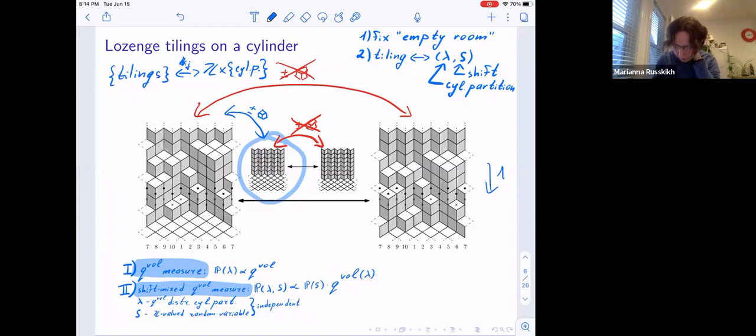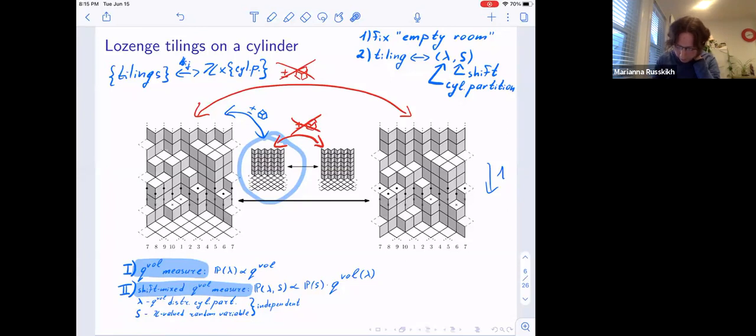So let us consider a Q to the volume distributed cylindric partition together with some integer valued random variable. We will discuss later which distribution is natural to choose for this random shift.